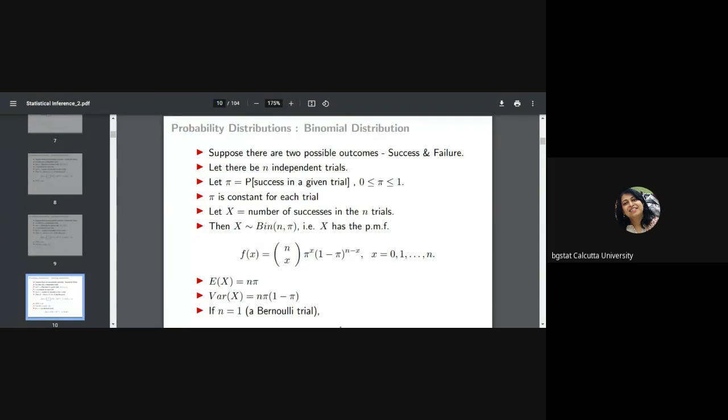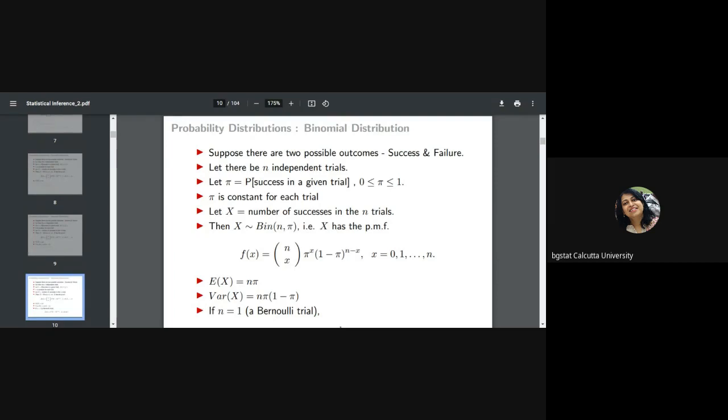We define two characteristics of this probability distribution. One is the mean value of the probability distribution. So note, this is not a sample mean, it's a population mean. Our notation for population mean is E. E denotes expectation. So E of x is n pi, which means that if it was possible to observe the full population, the average value of x would be n pi.